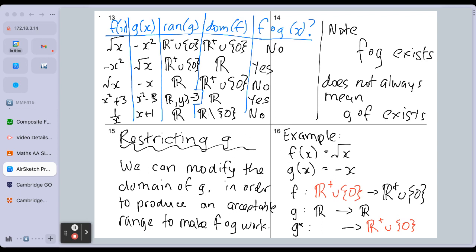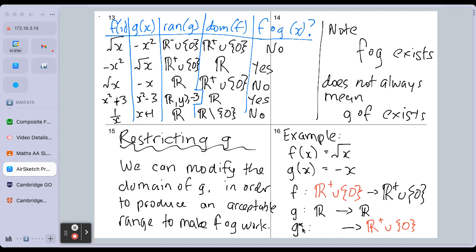If I put a positive number in for x, what is it going to output? A negative. If I put 0 in for x, what's it going to output? 0. Check. So 0 can be in the domain. If I put a negative in for x, like negative 10, what's the output going to be? Positive. Check. That works as well.